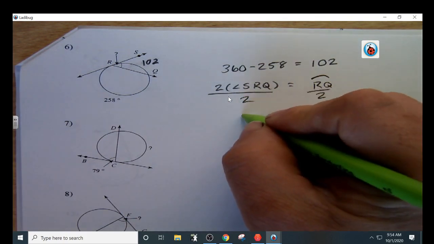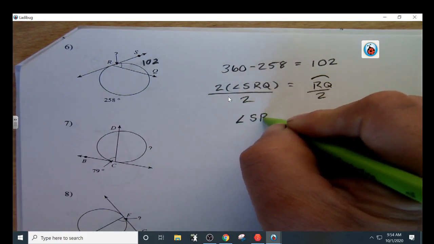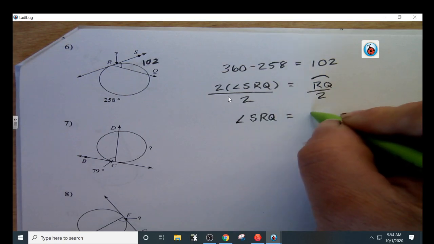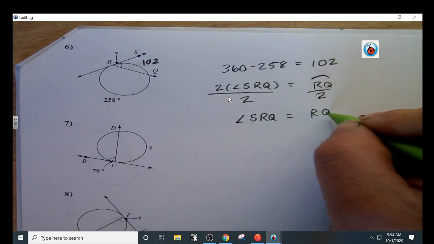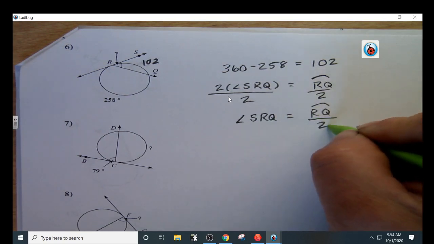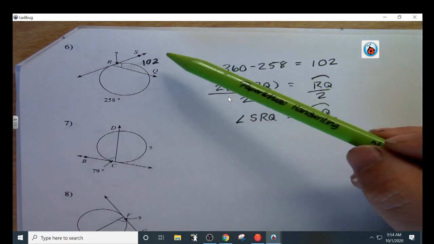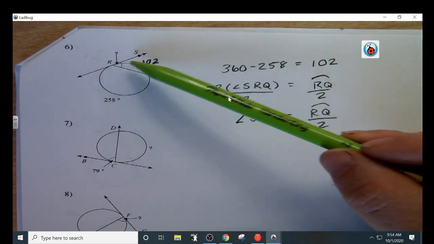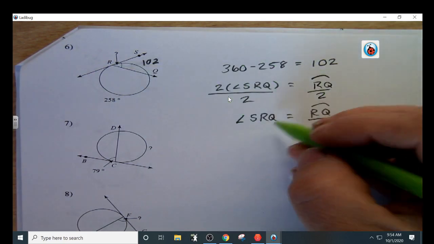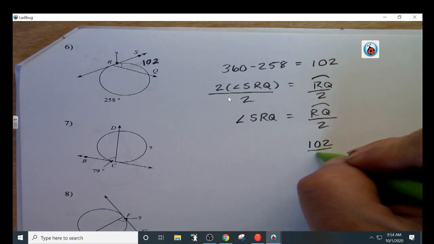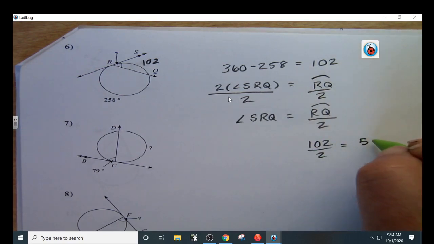So that's going to be the measure of angle SRQ equals. We're kind of deriving here too. Now, but guys, what do we know? What's the measurement of arc RQ? RQ is 102. All right, so that's going to be 102 divided by 2, which is 51.